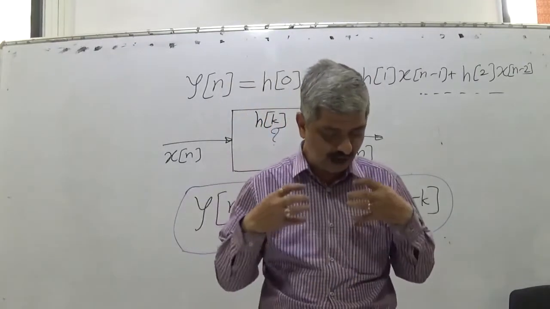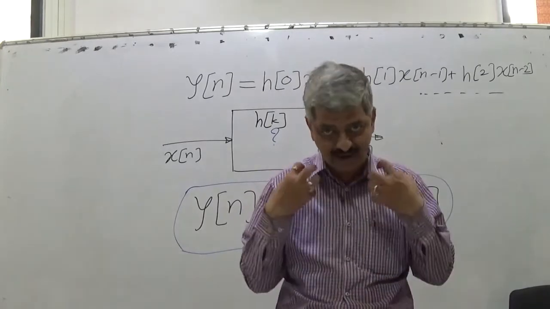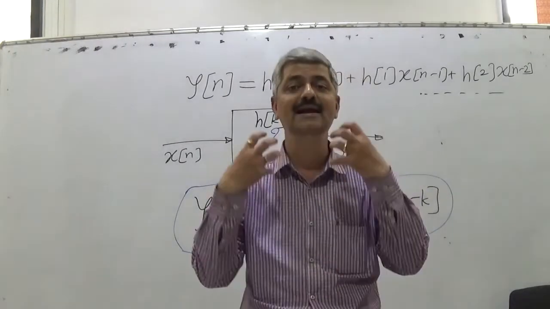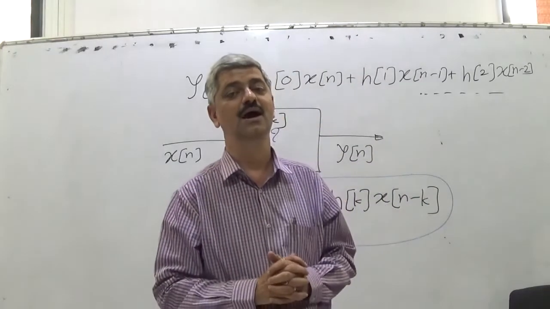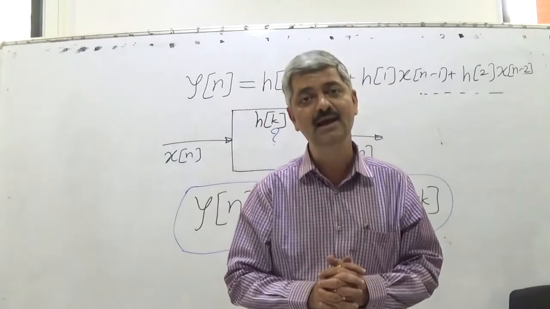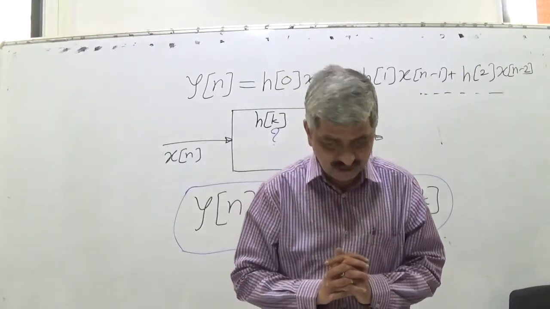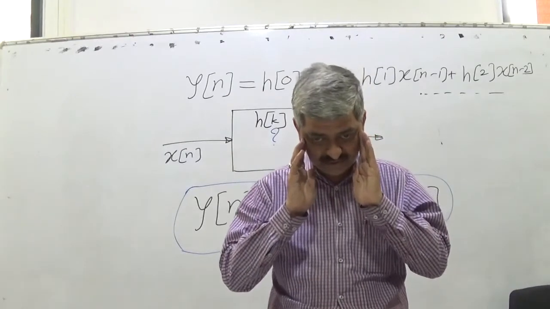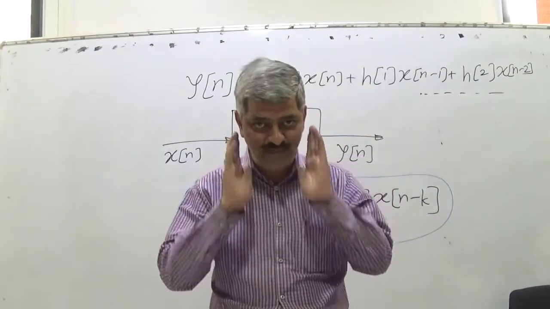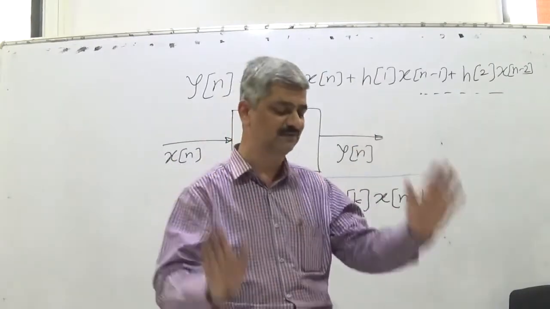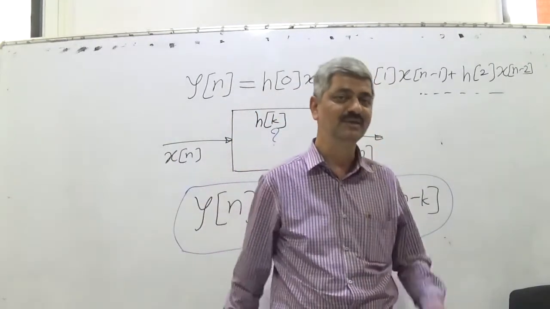So output is a weighted sum of current and previous inputs, and the sequence which determines the weights is the system function or transfer function. What is HK?